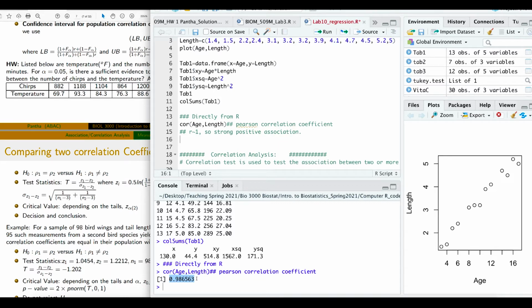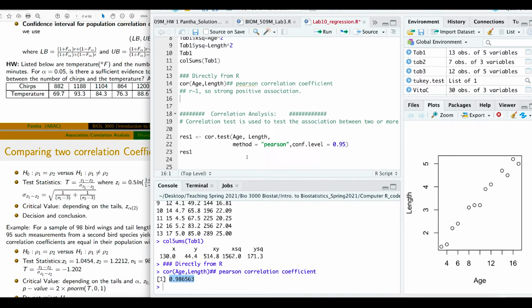So it says that the two sample variables have a strong positive linear association. But we cannot tell anything about the population variables with the correlation coefficient only, right? So we need to do the hypothesis test on the correlation. Okay.